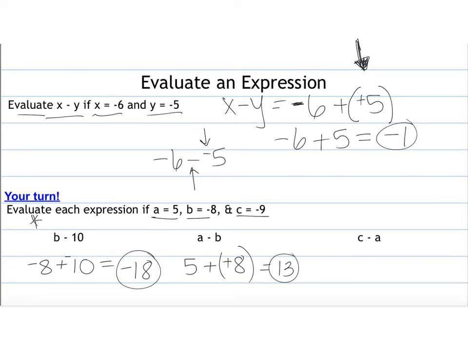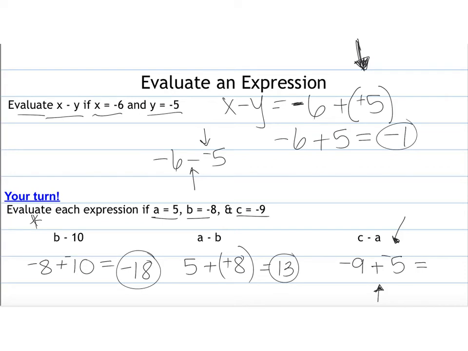C minus A, so negative 9 minus 5. I do chop minus. Whenever I change my subtraction to addition, I have to change the sign, no matter what. If I'm changing the sign, I have to change the sign of the second number.